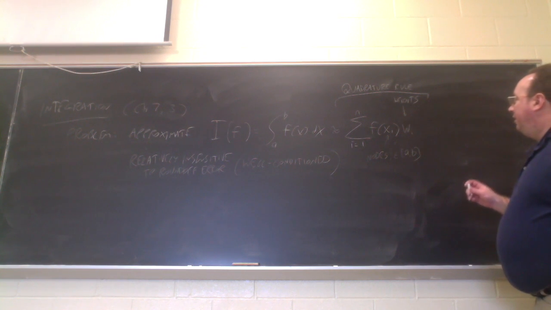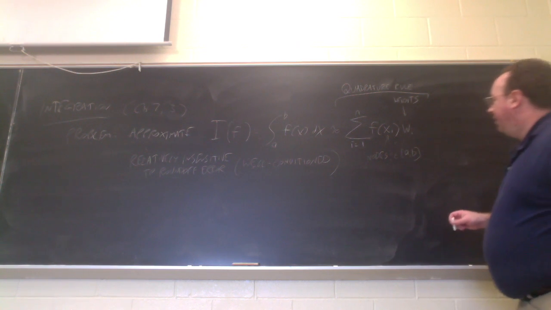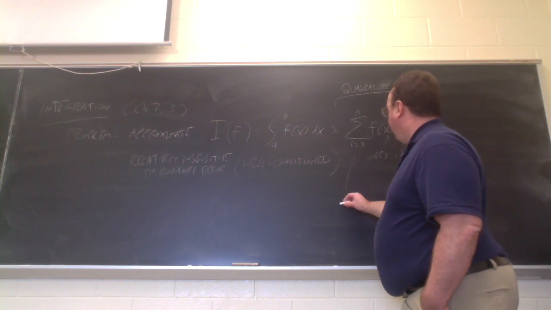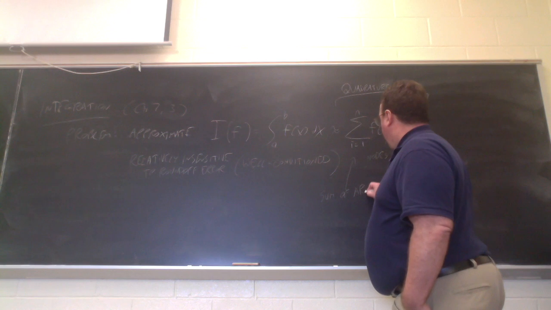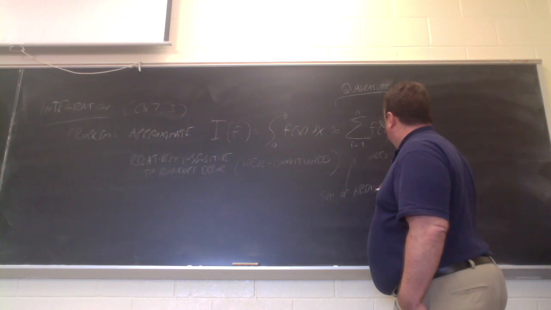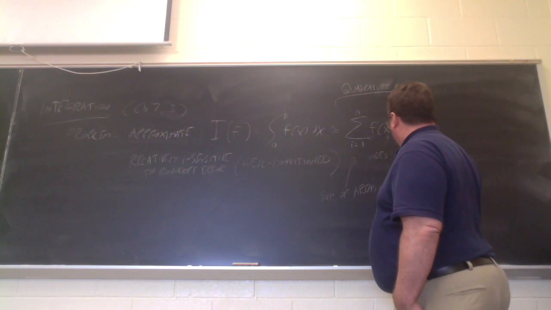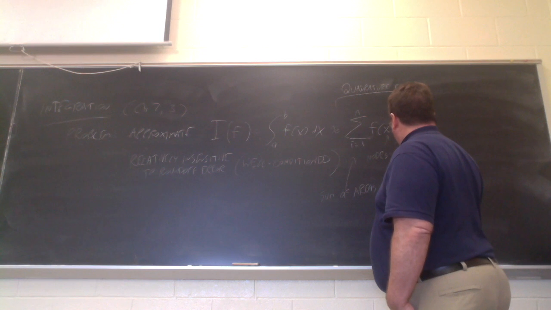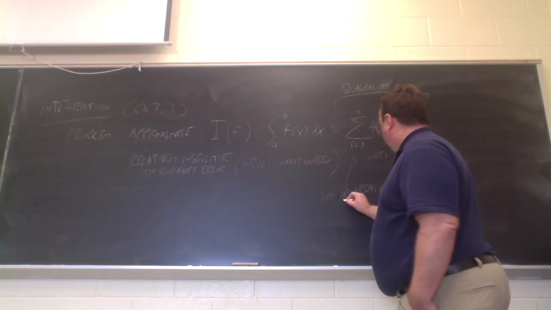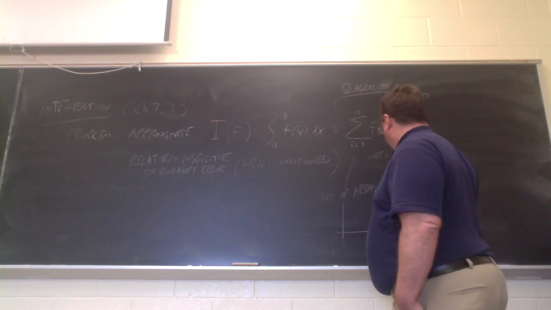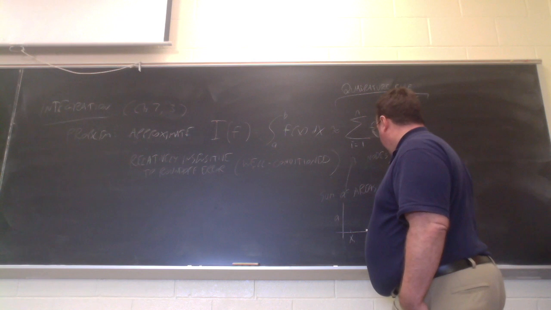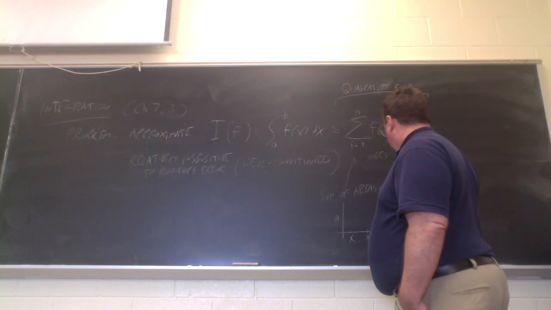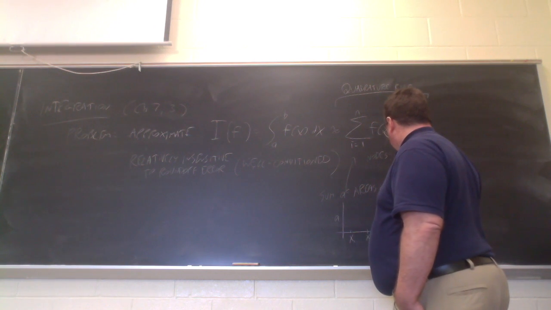Now, you could think of this quadrature rule as a sum of areas of rectangles. So here's our interval AB, and here are my nodes, like x1, x2, I'll just pick 4 nodes.